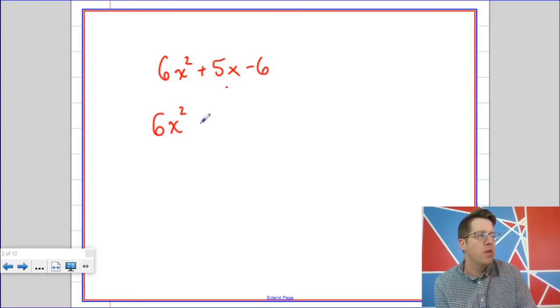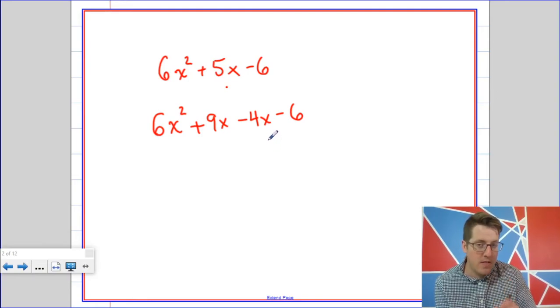So here's what I mean by that. If you can do plus 9x minus 4x minus 6, then suddenly there's a common factor between the first two terms and the second two terms.